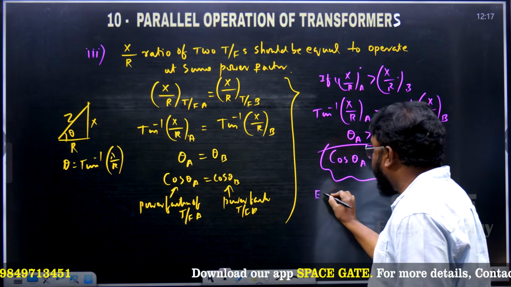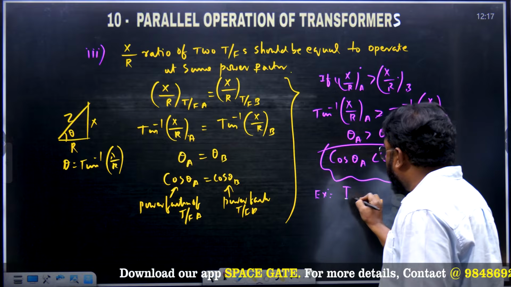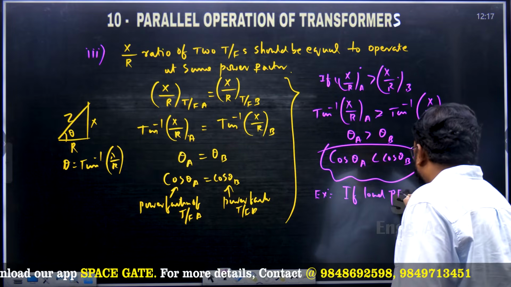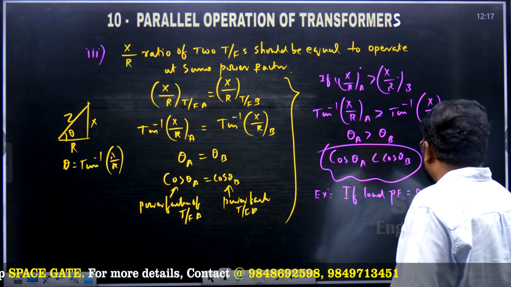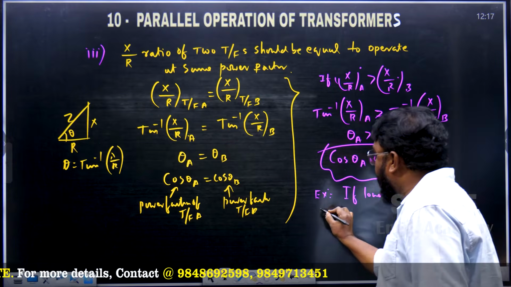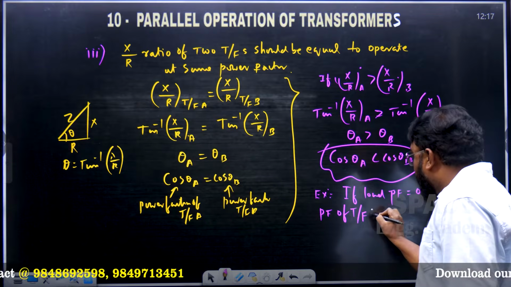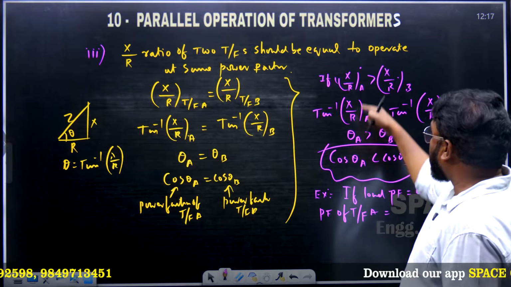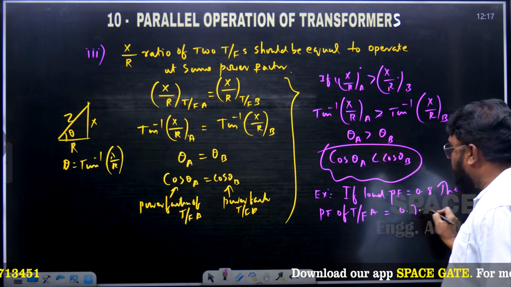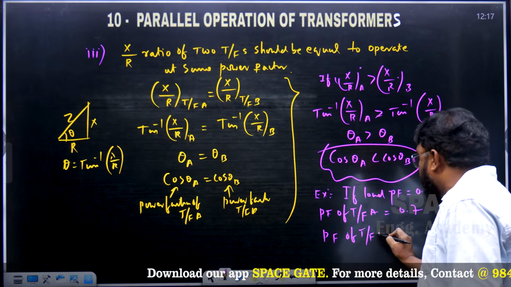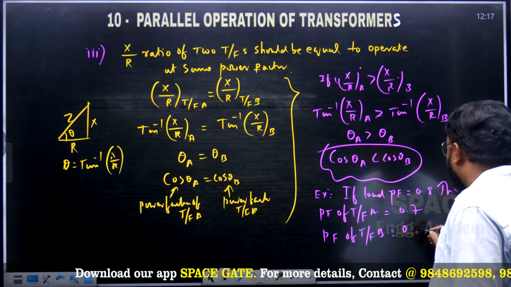For example, if the load power factor is 0.8, then the power factor of transformer A will become 0.7, and the power factor of transformer B will become 0.9.